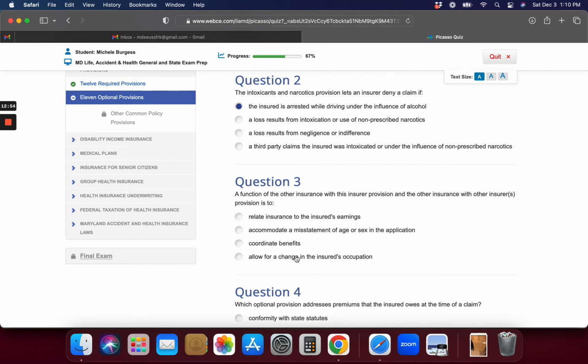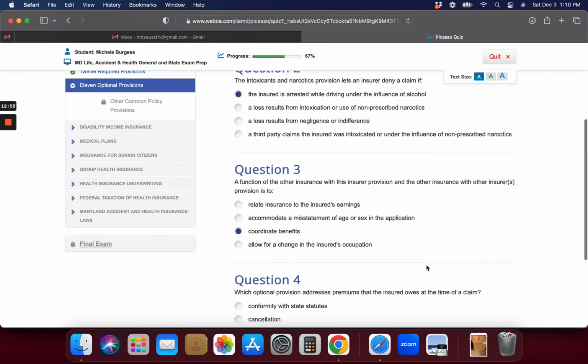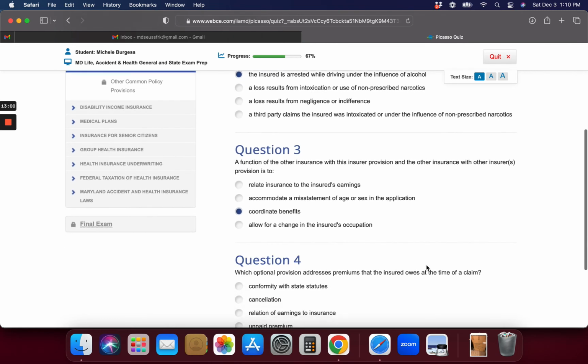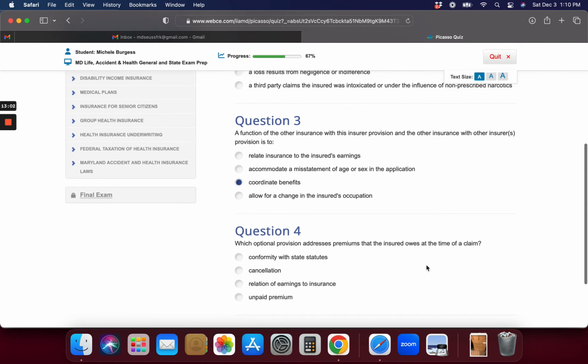I have no clue. Maybe coordinate benefits. That wording is horrible. I hope we don't have any questions like that on the test.